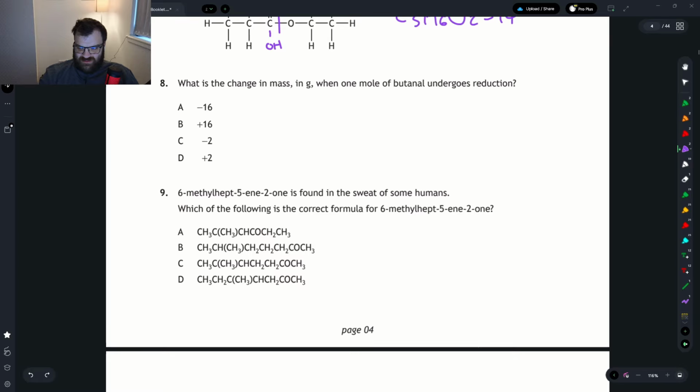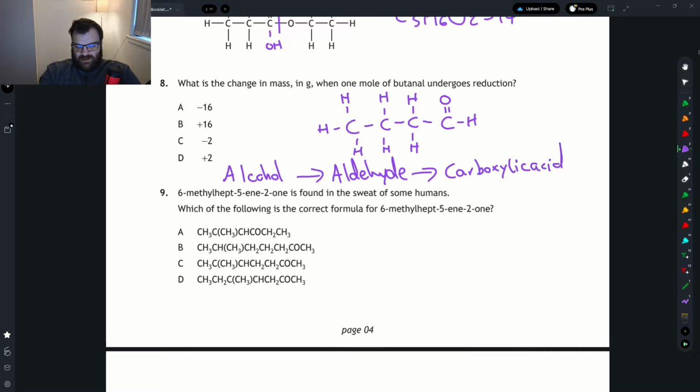And this one, it's asking us about butanal. Butanal is 4 carbons. It's an aldehyde, which means the C double bond O is at the side. We put in all our H's like so. Now, when we get taught this topic, we talk about the oxidation of alcohols into aldehydes or ketones, and then aldehydes can go into carboxylic acids. In a reduction, we're going back the way, so we're going from an aldehyde back to the alcohol.